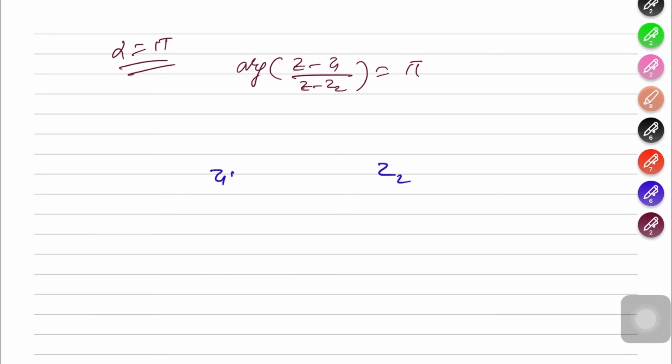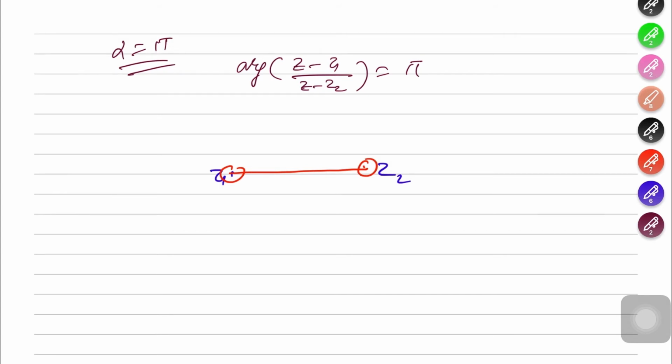Let's see what happens if alpha is equal to pi. Alpha equal to pi means the argument of z minus z1 upon z minus z2 is equal to pi. In this case, suppose this is point z1 and this is point z2, the locus is a line segment between z1 and z2, not including z1 and z2.